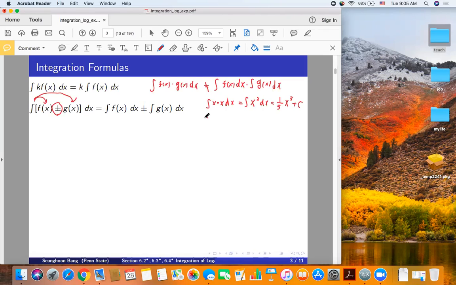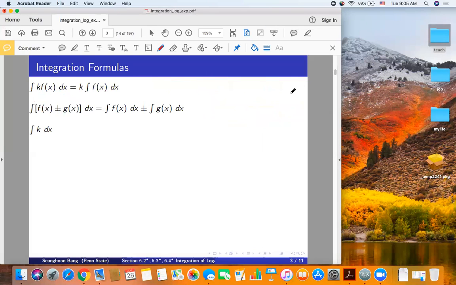If you distribute, the integral of x dx times the integral of x dx, you get 1/2 x squared times 1/2 x squared plus c, which is 1/4 x to the 4th plus c. Totally different, right? So my point is, don't distribute this one.